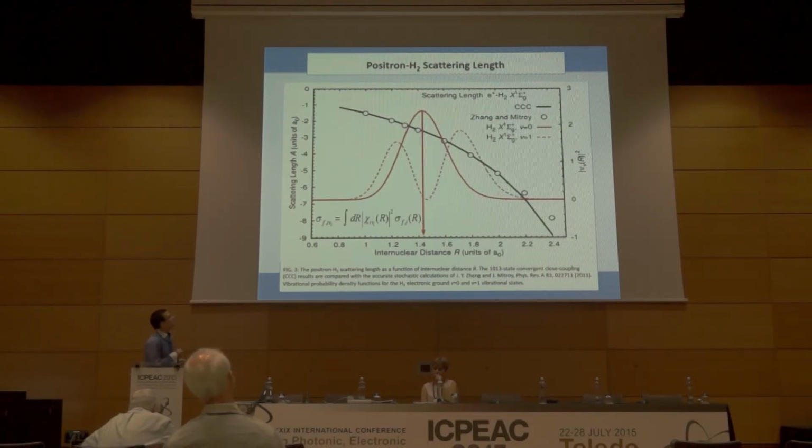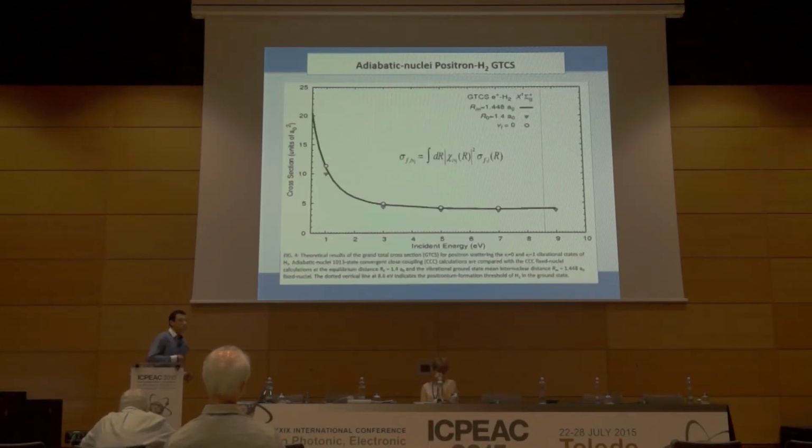We plotted the probability density functions for the ground state, which has just the one peak, and the first vibrationally excited state, which has two peaks, and they fit within this R equals 2.2, I think. And this is the adiabatic nuclei cross-sections, and this is the probability density functions of the vibrational wave function. So we could do accurate calculations for scattering from the vibrational ground state and first vibrationally excited state.